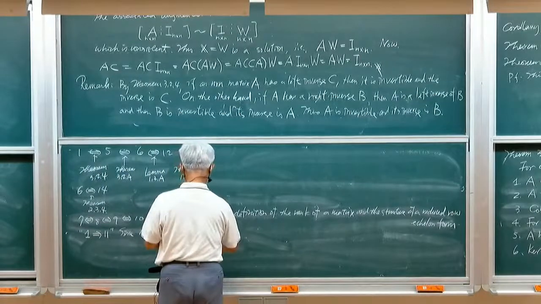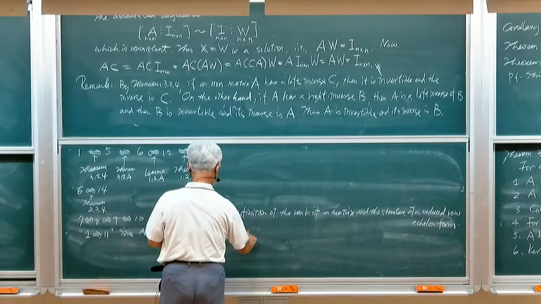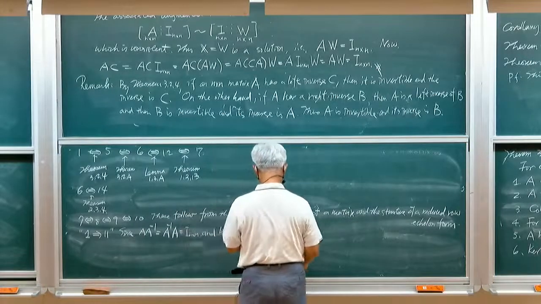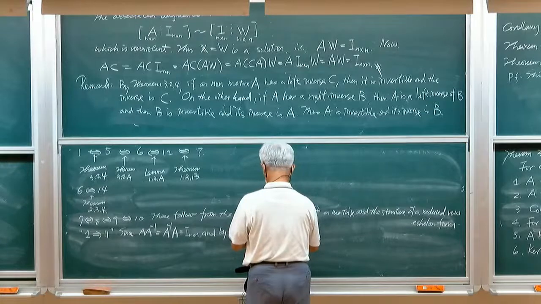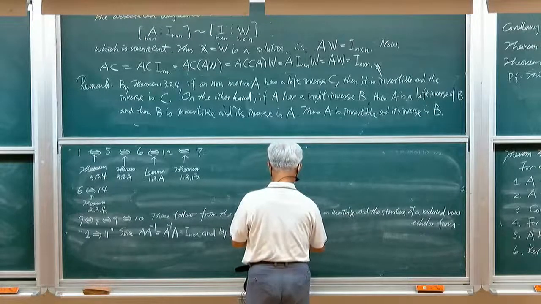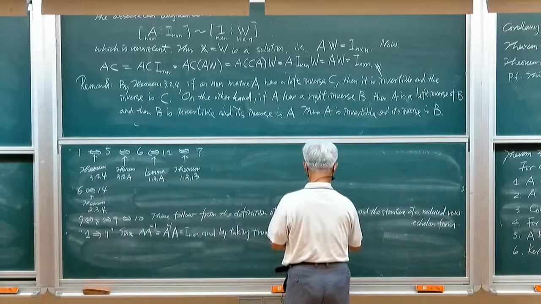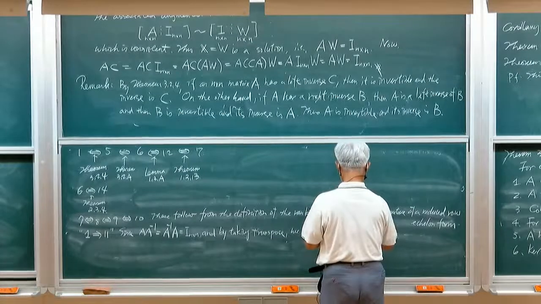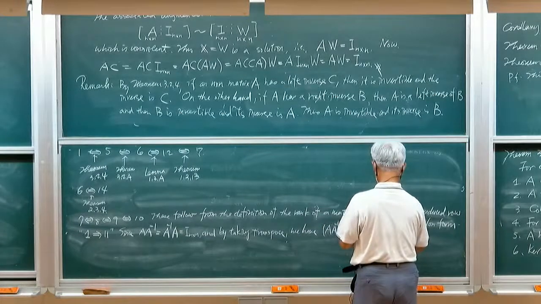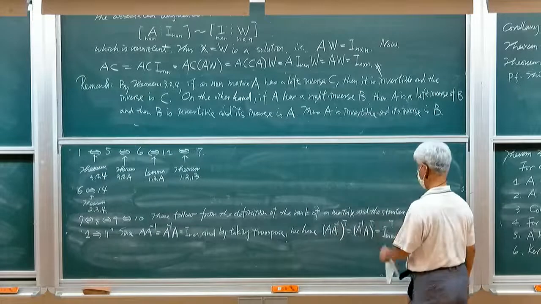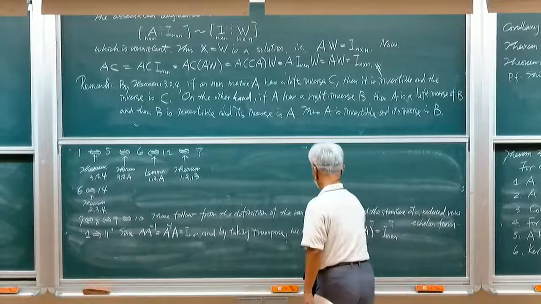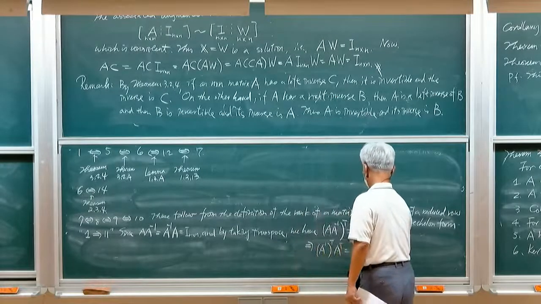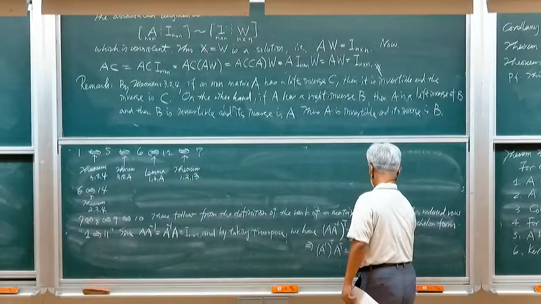Okay, and by taking transpose, we have A inverse transpose equal to A inverse A transpose equal to identity transpose. So this gives us A inverse transpose A transpose equal to A transpose A inverse transpose.